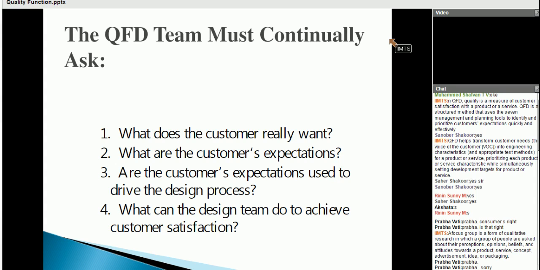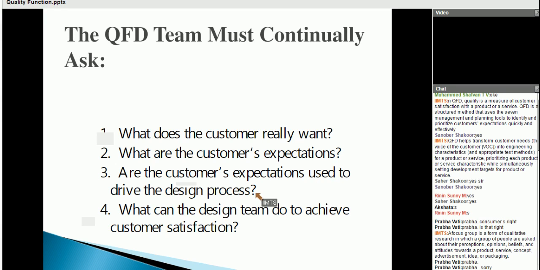Now the QFD team must continually ask these questions, which the organization needs to discuss among their team. What does the customer really want? What are the customer's expectations? Are the customer's expectations used to drive the design process? At the time of designing, they discuss all these questions, right?